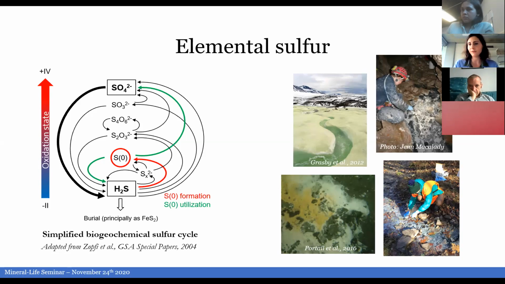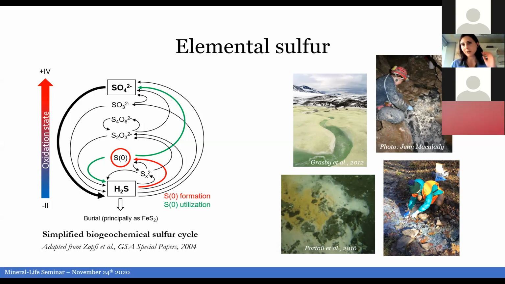You can find sulfur in caves, like in the top right, or you can find sulfur in sulfate terrestrial springs. So it's present and actually abundant in many different environments. In case you were wondering, the differences of colors, yellow or white, is due to some chemical impurities in sulfur.